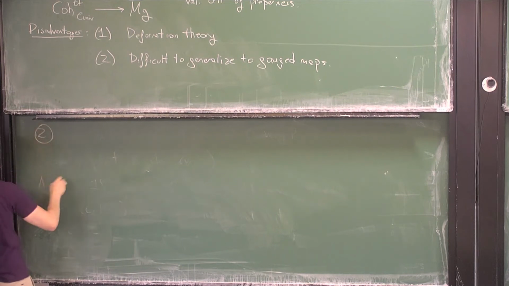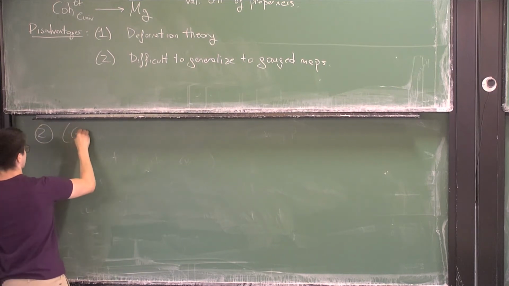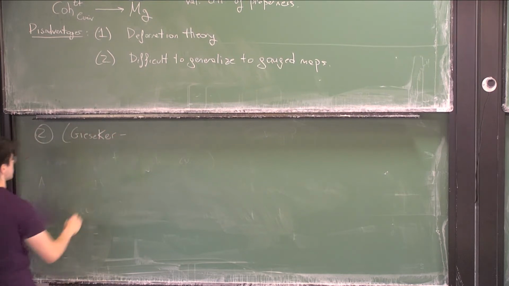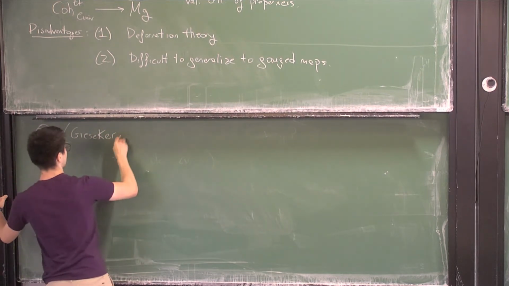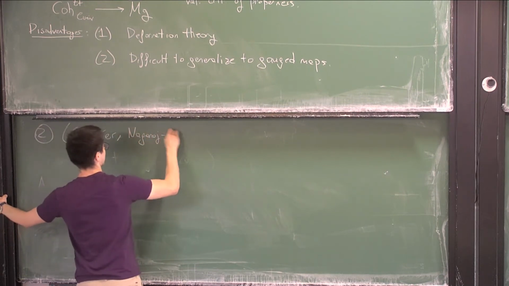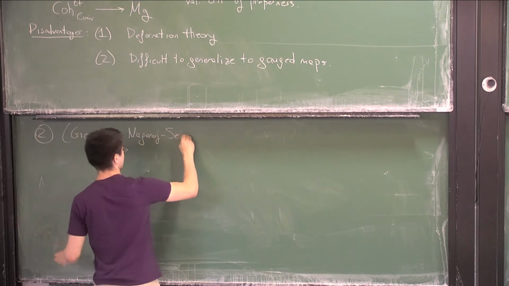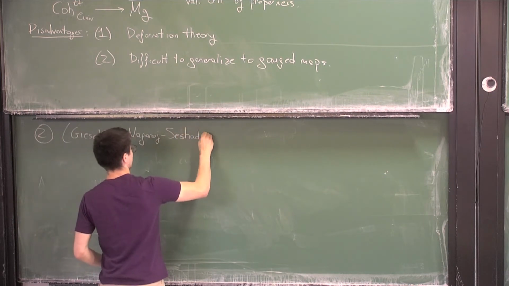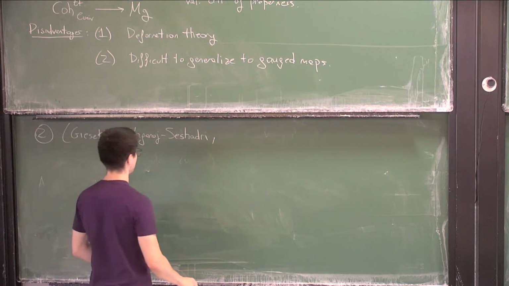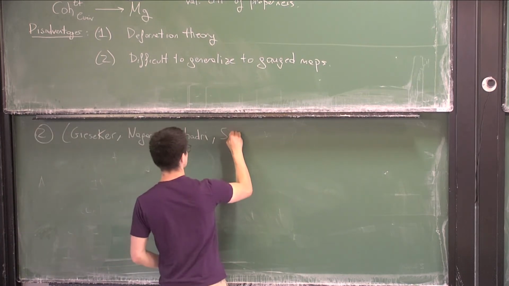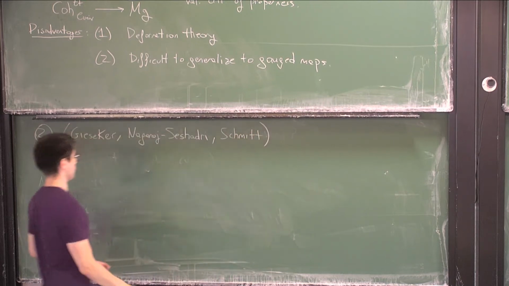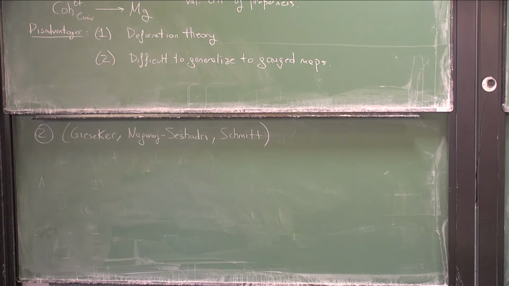Second version. I think in the rank 2 case, it was originally proposed by Gieseker, and Nagaraj and Seshadri did it in higher rank for very specific degenerations of curves, and as far as I know, the state of the art using GIT is Schmidt, who did it over the Deligne-Mumford compactification.